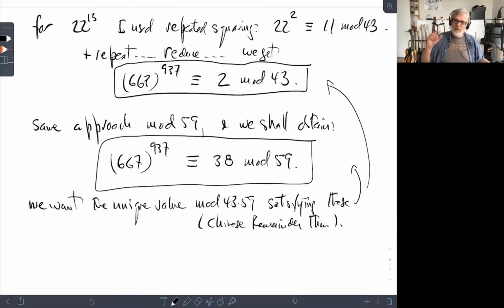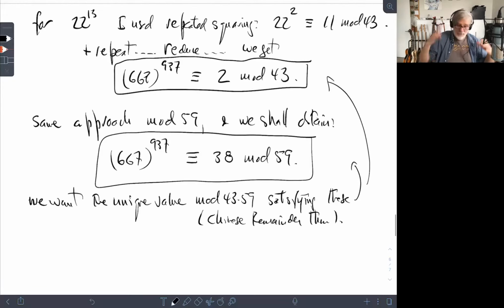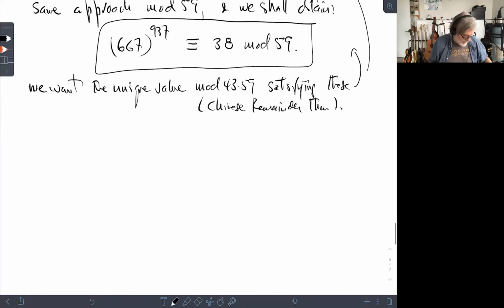If you look at the method that we found in the proof of the Chinese remainder theorem, it makes a lot of sense when you have at least three equations. When you have two equations, it might not be so clear, but actually it's kind of cool with two values.